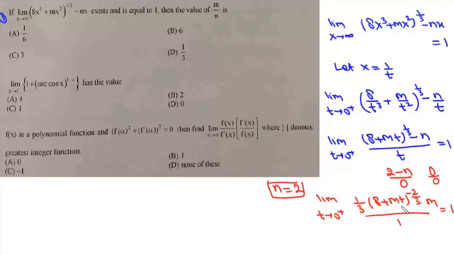Now if we put t as 0, we'll get 1 by 3 into 8 to the power minus 2 by 3 into m, and it will be equal to 1. Now this is 1 by 12, so the value of m is simply 12. Now once we have the values of m and n, the value of m by n will be equal to 12 divided by 2, which is 6, and that's your option B.